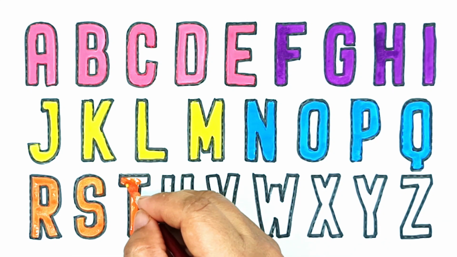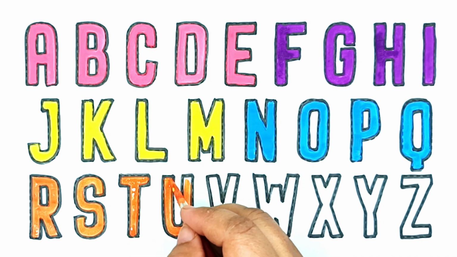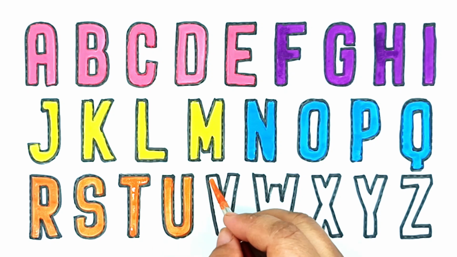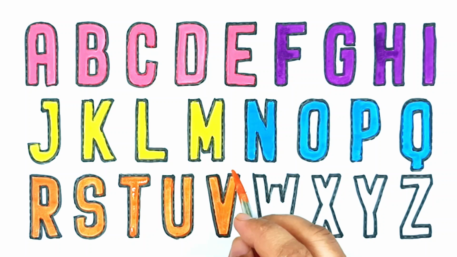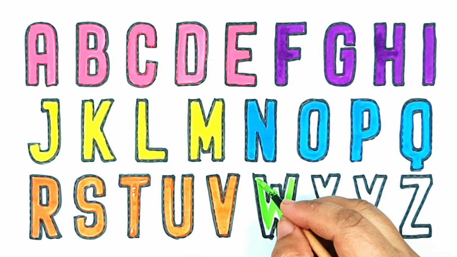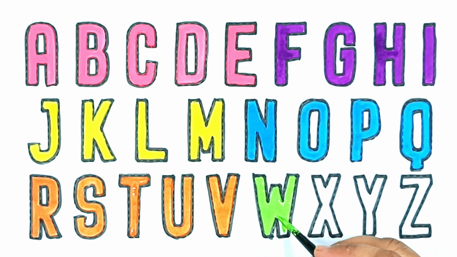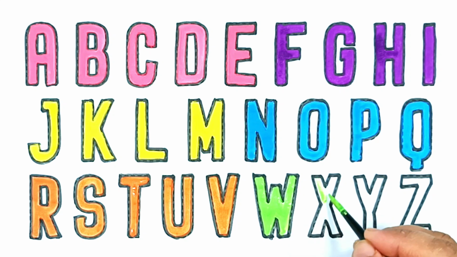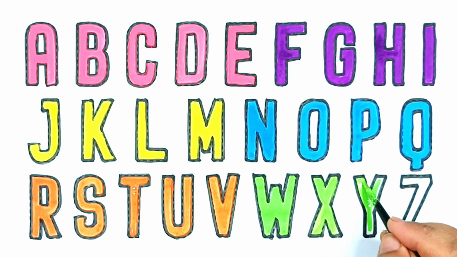T for train. Iron and steel will bend and bow, my fair lady. U for umbrella. Bridges falling down. V for van. W for watch. X for xylophone. Y for yacht.